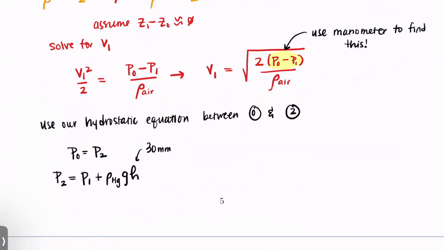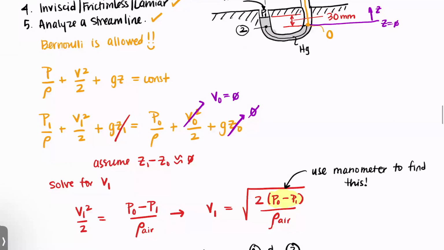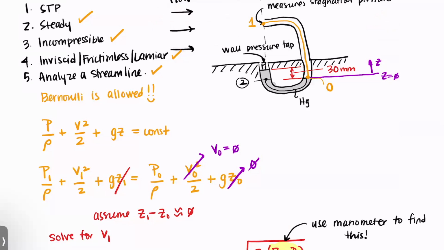So does that make sense? Our pressures are equal on both sides. The right-hand side, where that free surface is, that's our stagnation pressure applied. And that has to be equal at point 2. At point 2, we have our static pressure applied at the top plus the weight of that column of fluid. Does that make sense?